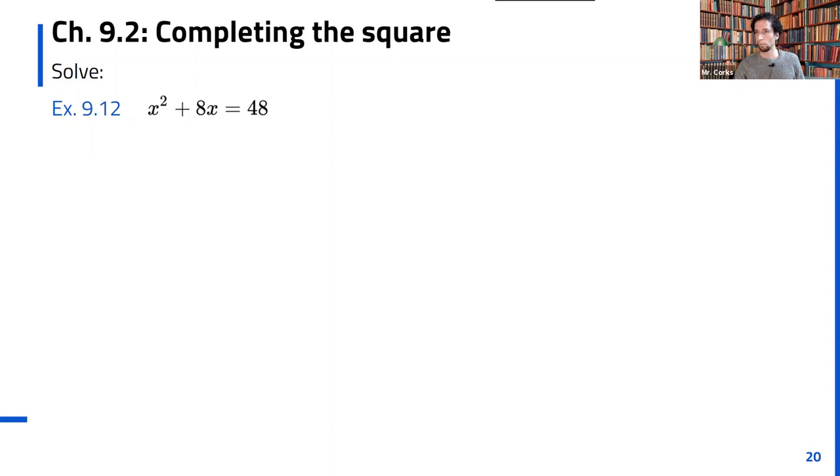We can move 48 to the left side of the equation. We could, but that doesn't actually matter. That's not really going to do anything for us. That's not necessary for the completing the square method. We can open the bracket, x plus 8, and close the bracket.